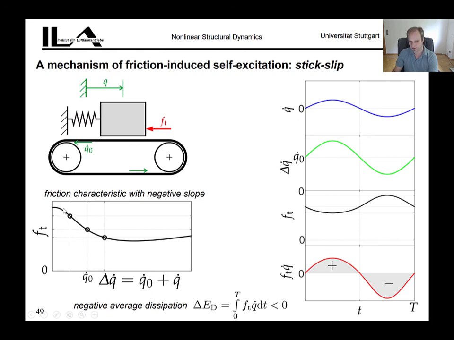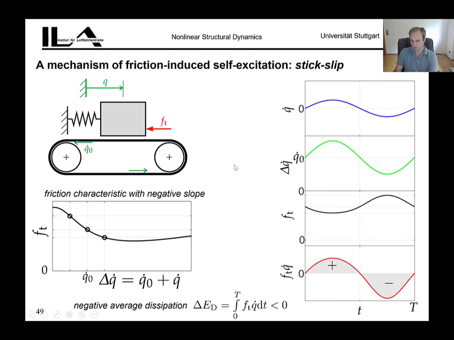We have the largest force for the sticking case, where the relative velocity is 0. And then for larger relative velocities, the force becomes smaller. So the sticking force is larger than the sliding force. This is important for this model and for understanding stick-slip oscillations.